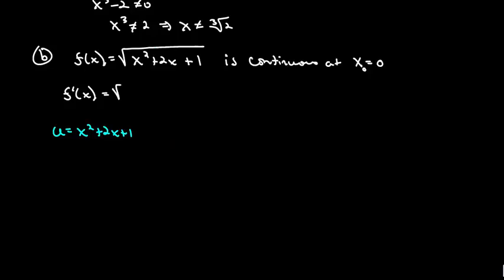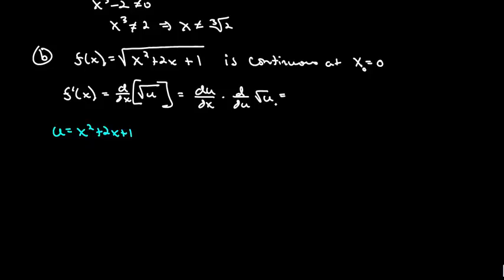So let's take f prime of x. I'm going to do a substitution here. Let u equal x squared plus 2x plus 1, so f is the square root of u. Now I'll use the chain rule: d dx of the square root of u is du dx times d du of the square root of u.